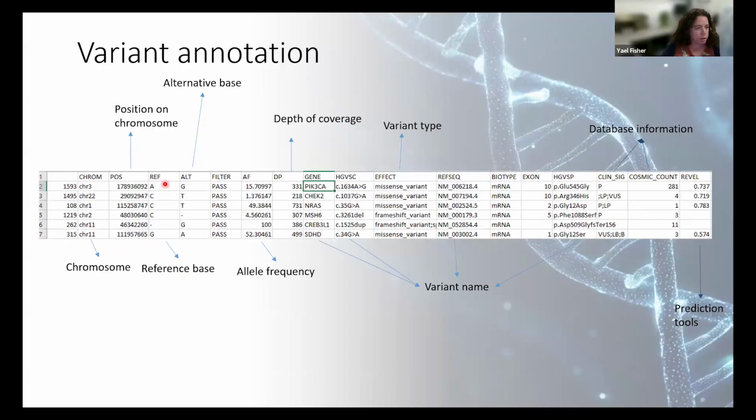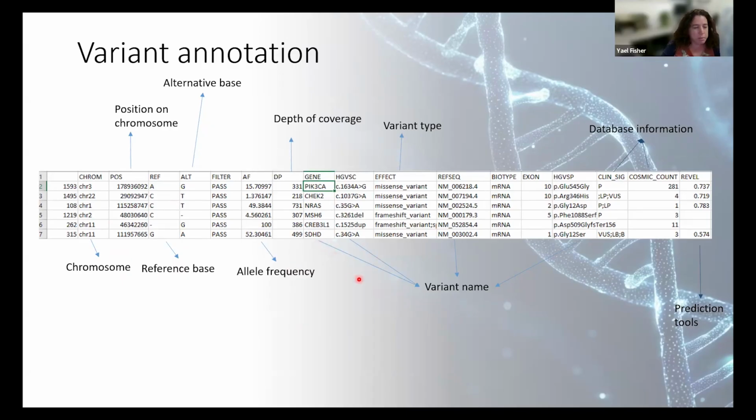Then we have the reference base and the alternative base, just like in the first VCF file we saw. But then the rest of the data is much more accessible. You have the allelic frequency of the variant, the depth of coverage here in the next column, and then you have the name of the variant in HGVS nomenclature.